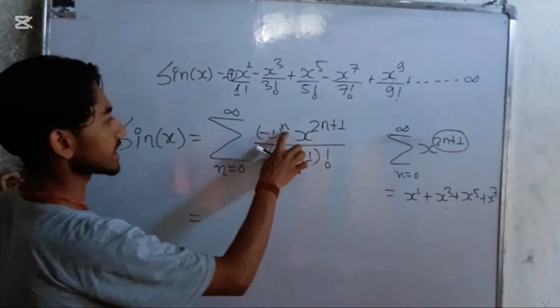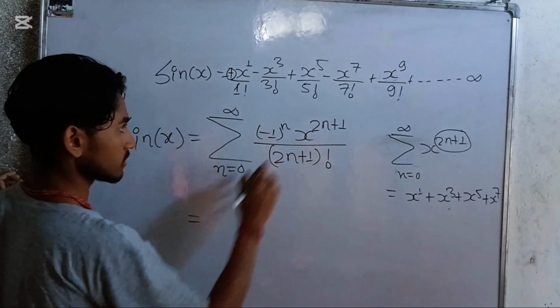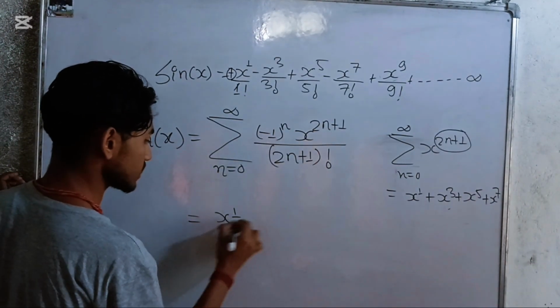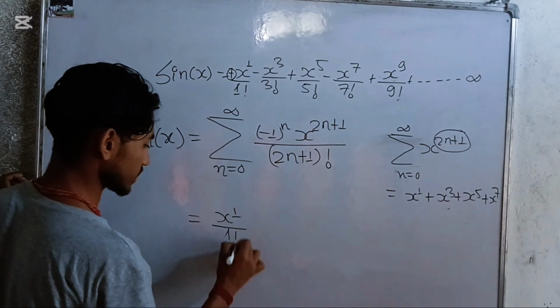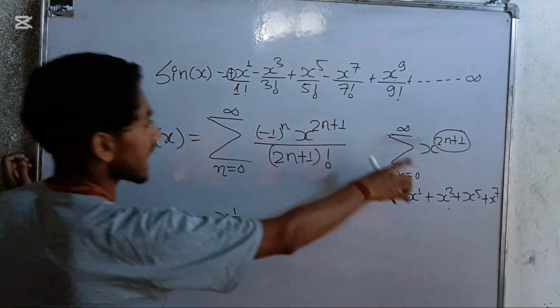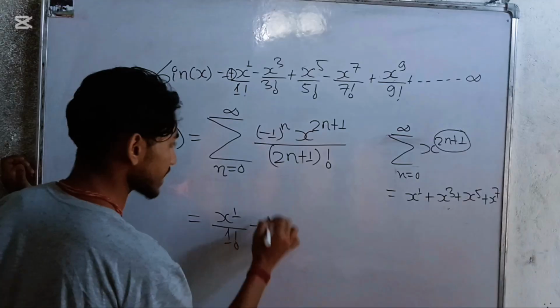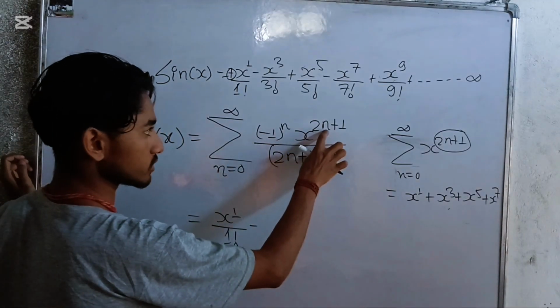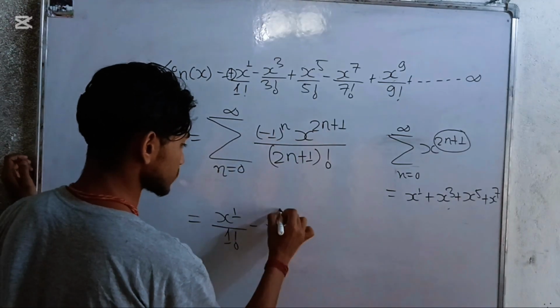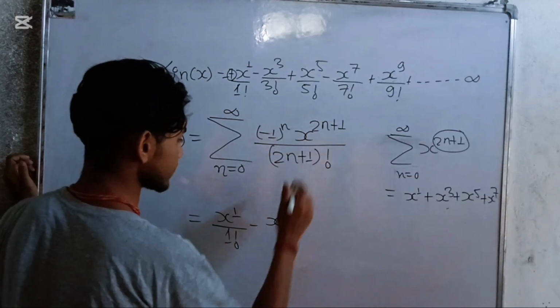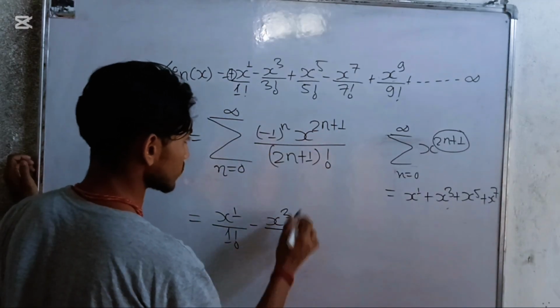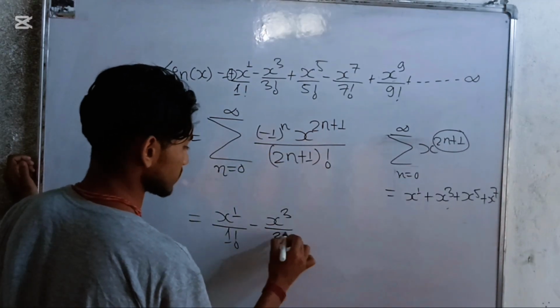Okay, I want to put n as 0, so I get simply x raised to 1 over 1 factorial. Okay, I put n is 1, I get minus sign here, and I get x raised to 2 times 1 is 2, and it is added with 1, you get 3 over 3 factorial.